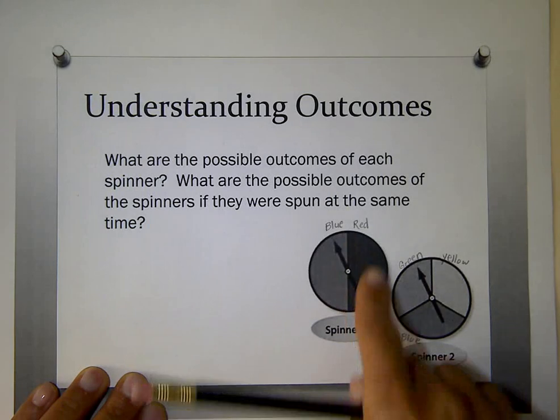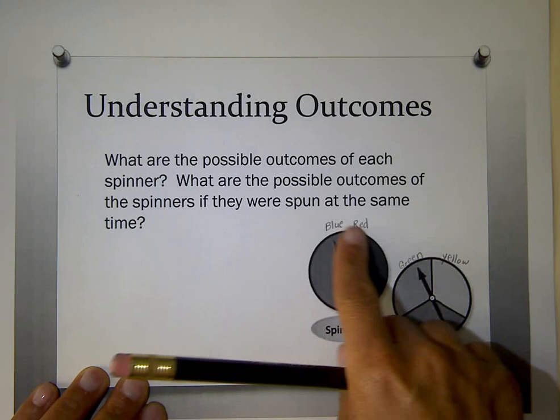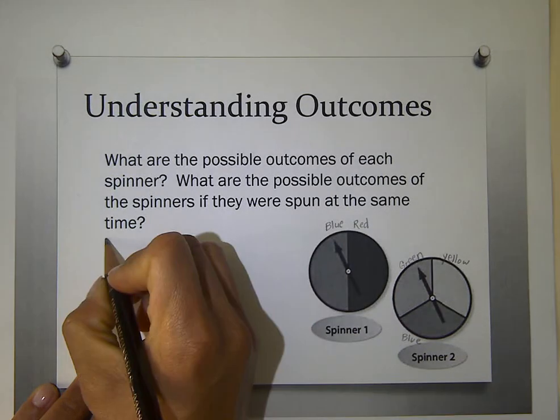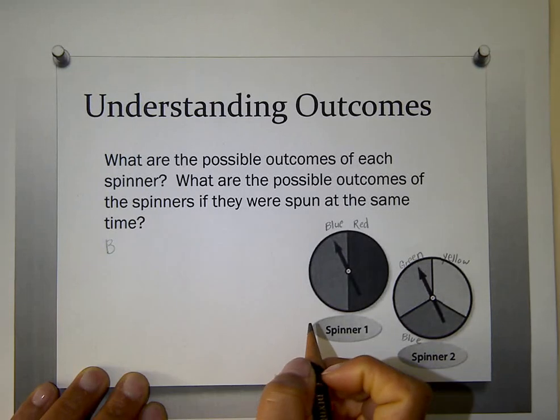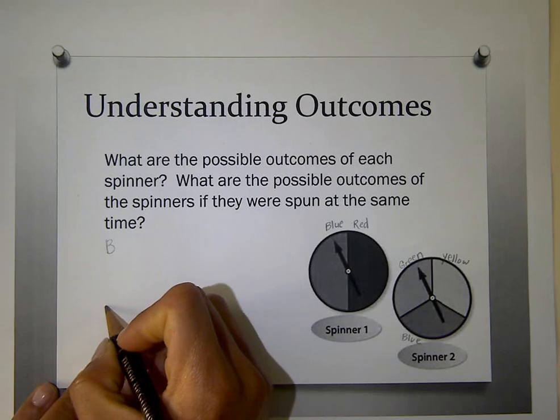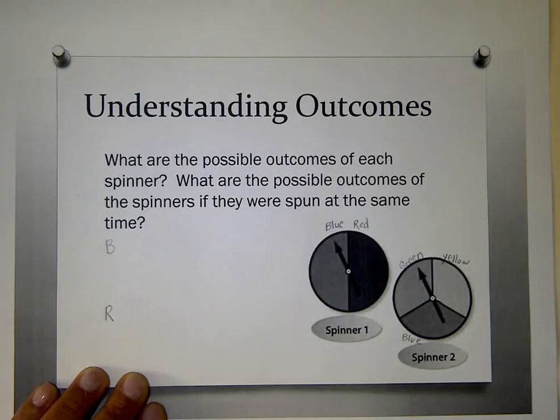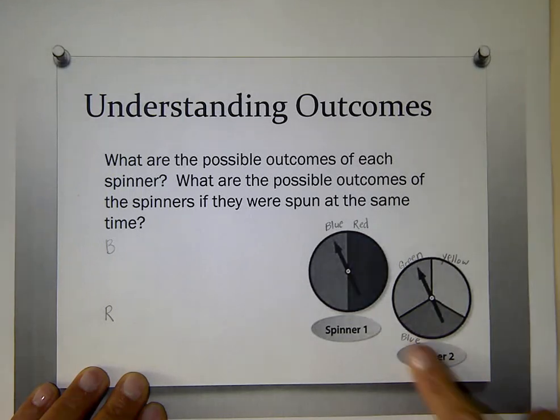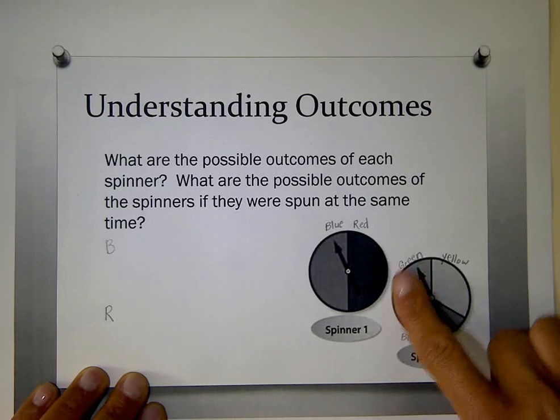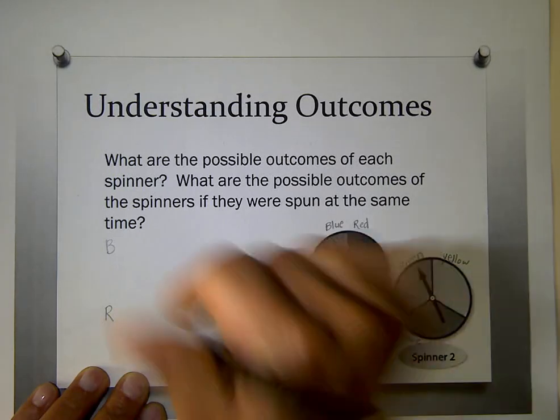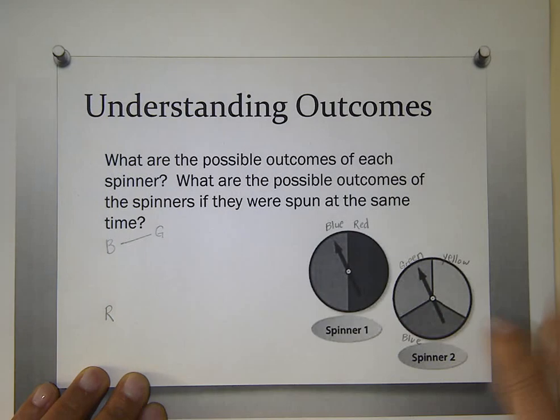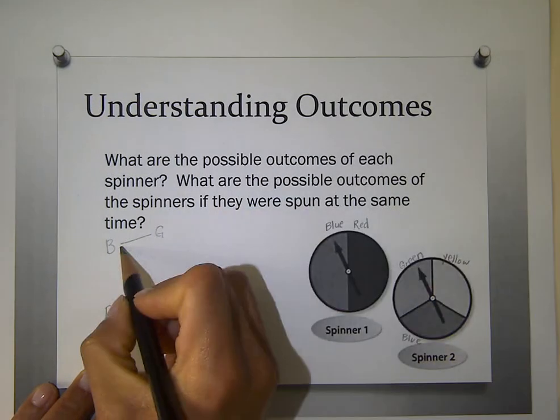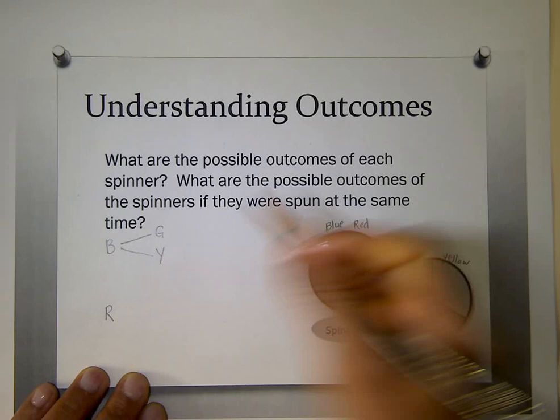So if I spun the first spinner, it could either land on blue, which I'm going to use the capital B, or it can land on red, which I'm going to use R. Now for spinner 2, it could land on either green or yellow or blue.